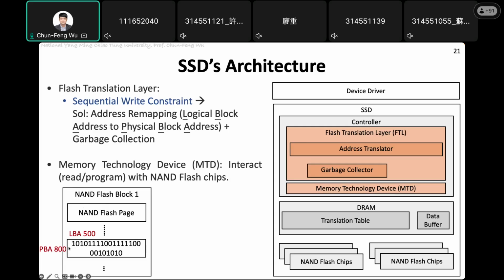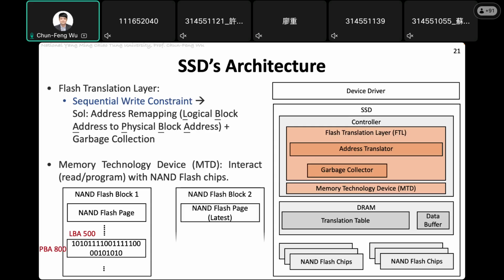And there is another thing, called the logical block address, LBA. LBA is also very similar to a virtual address, but the function is not the same. The function is like this. If you have a patch called PBA 800, and you are going to do an update, as we mentioned before, you cannot directly update here because the SSD cannot support in-place update.